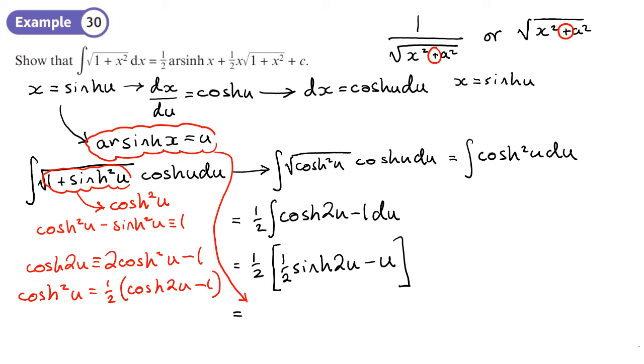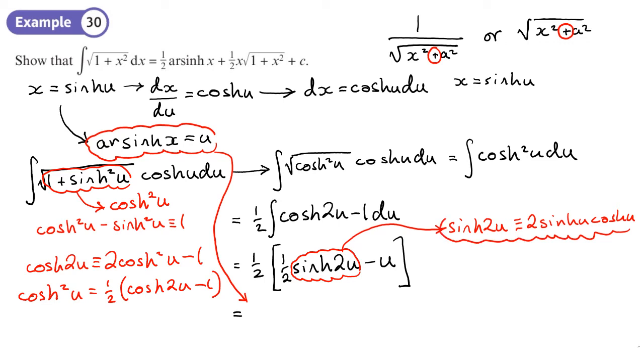So to enable me to make that substitution, this sinh 2u is a double angle, and sinh 2u is equivalent to 2 sinh u cosh u. So we're going to use that to change the sinh 2u.